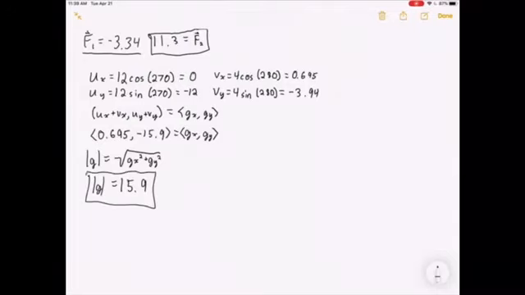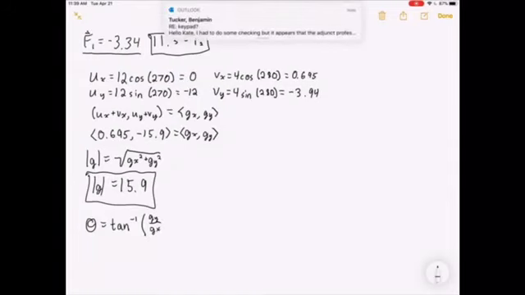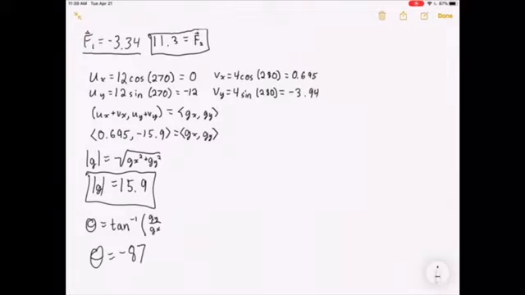So there's another answer, and then for direction, theta, that's inverse tan of Gy over Gx. When that's put into a calculator, you get theta is equal to negative 87.5 degrees.